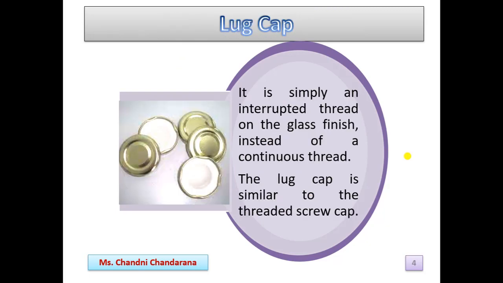Now the next is the lug cap. This lug cap is similar to the threaded screw cap, but it has an interrupted thread on the glass finish instead of a continuous thread.